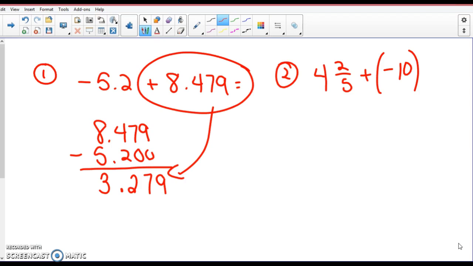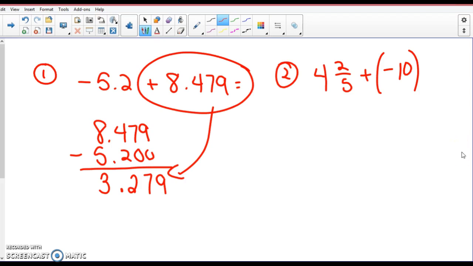Let's do sign analysis. What kind of problem is this? It's adding. Are the signs the same or different? They are different. So if they are different, what math am I going to do? Subtract and take the sign of the larger. So is my answer going to be positive or negative? Everybody. We know that our answer is going to be negative.